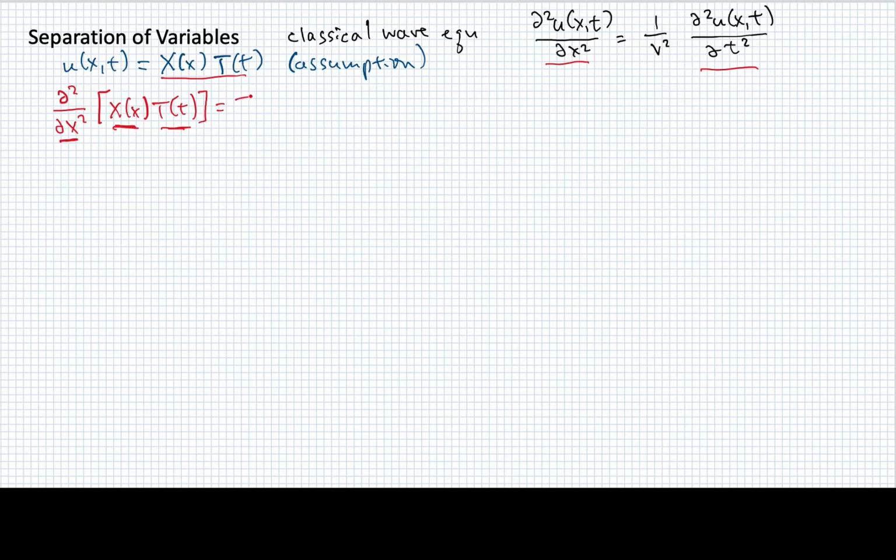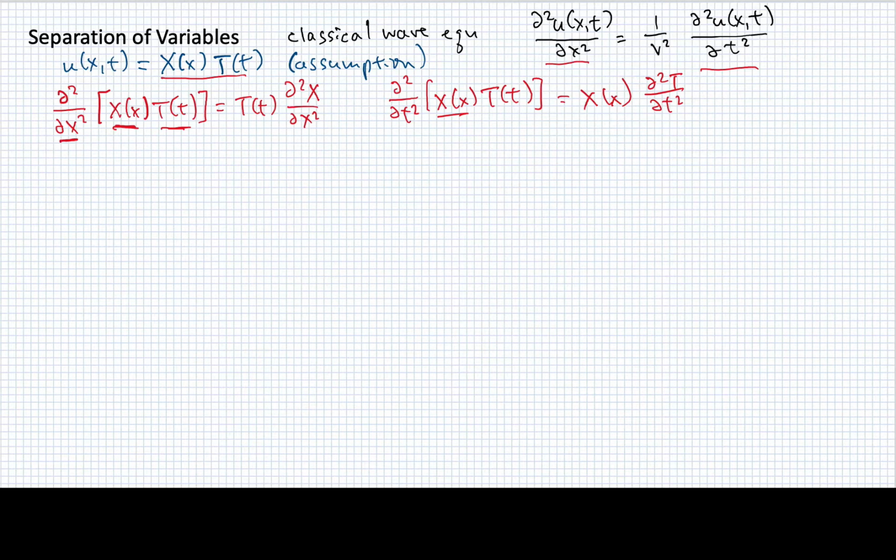So this piece goes unaffected by the second derivative, and I end up with the second derivative of capital X with respect to little x squared. Okay, so that's the effect of that. I'll get a similar result when I take the second derivative with respect to time of this product function. Here this one is unaffected, so it will come out front, and I'll end up with the second derivative of capital T with respect to little t squared.